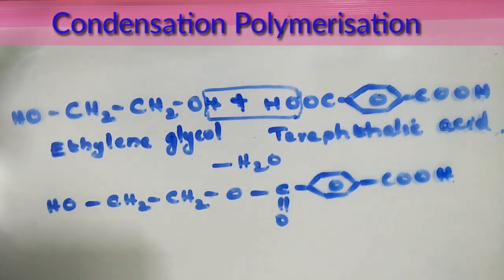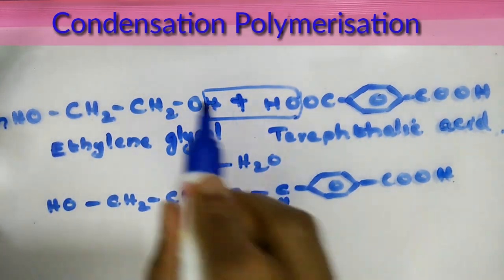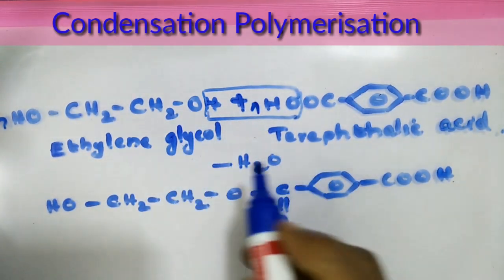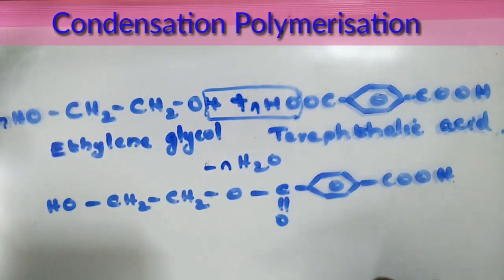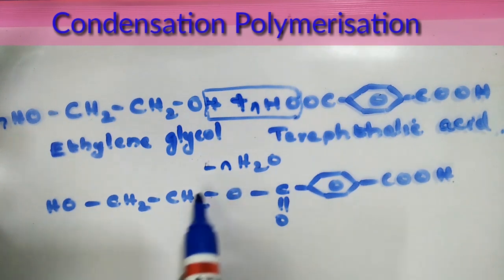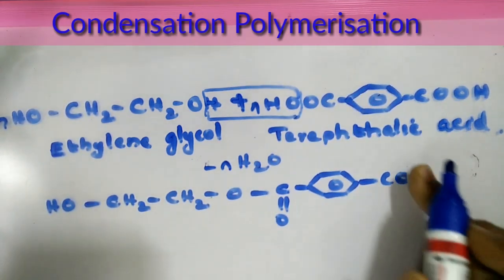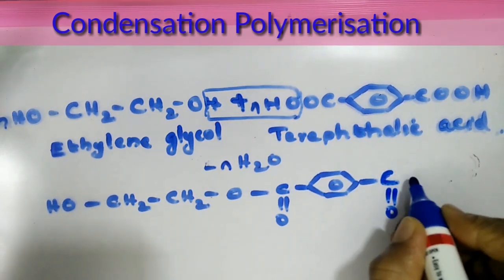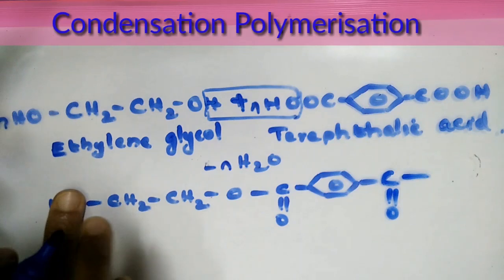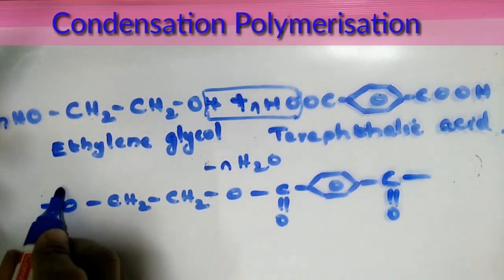Okay, but for polymerization we need n molecules. Here also n molecules of water are eliminated and you are getting a product where OH is eliminated from the acid, leaving C double bond O, and here also O will be there and H is eliminated.